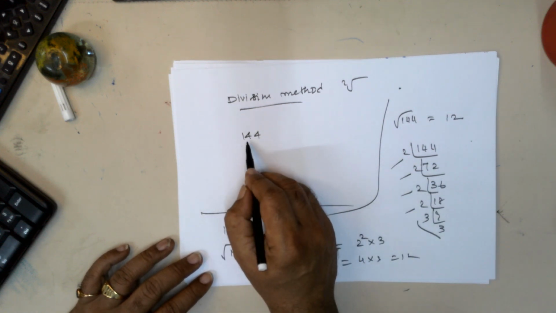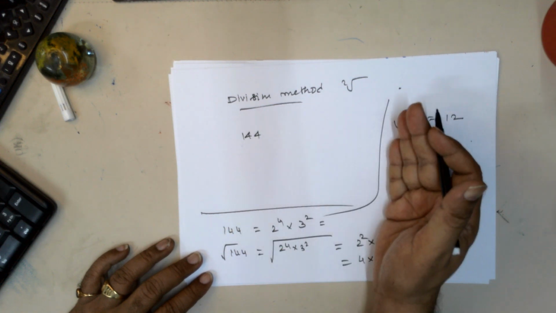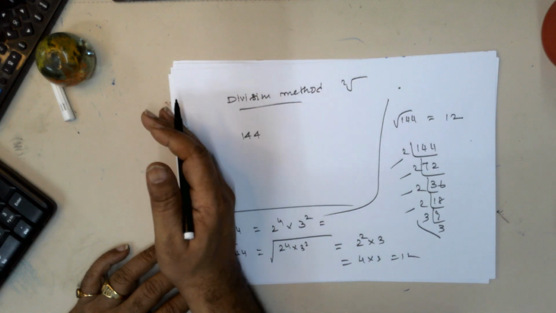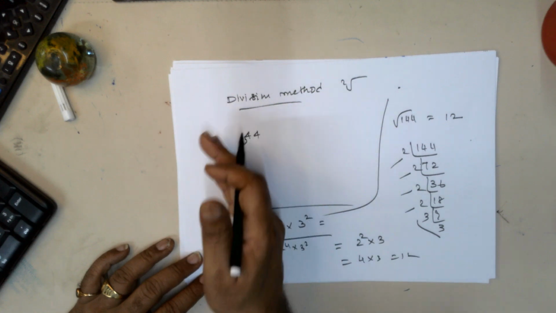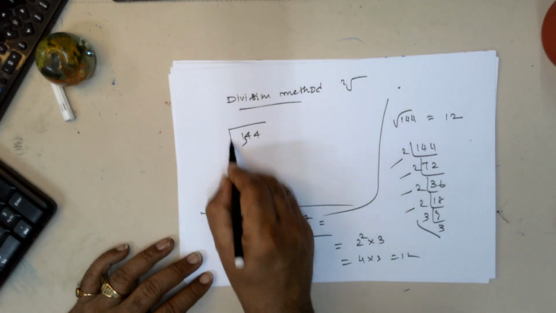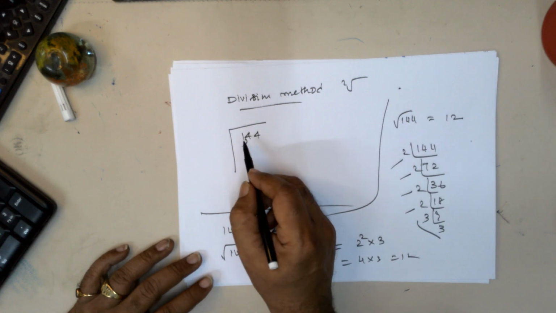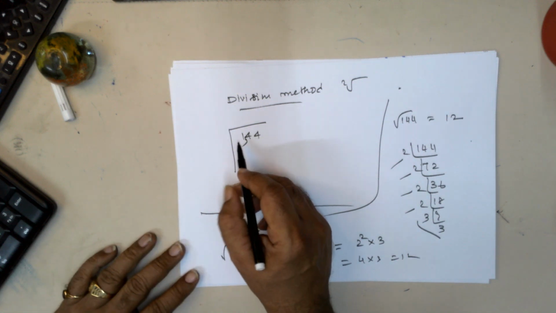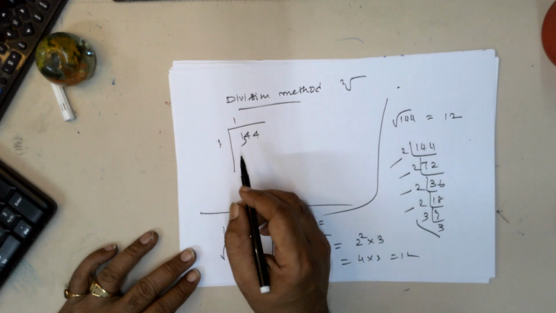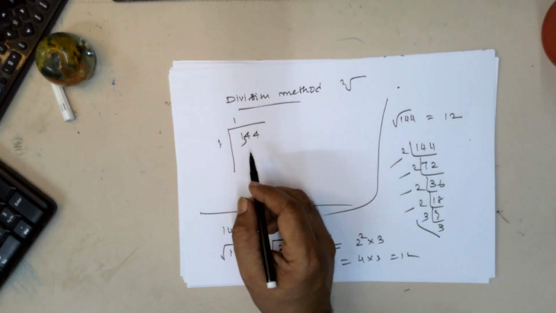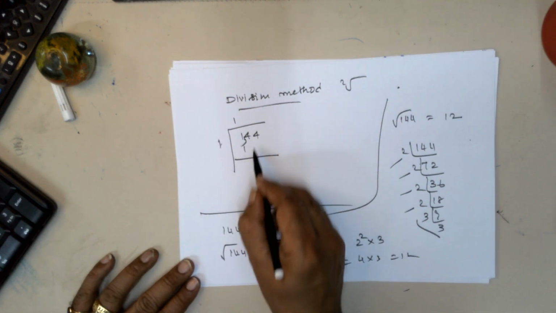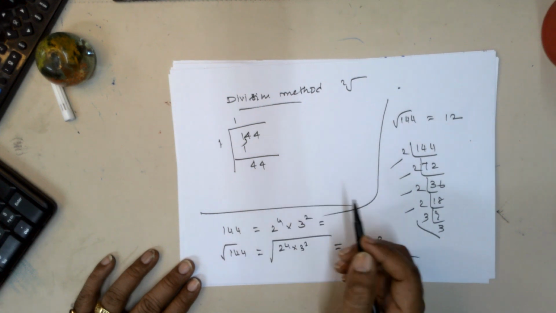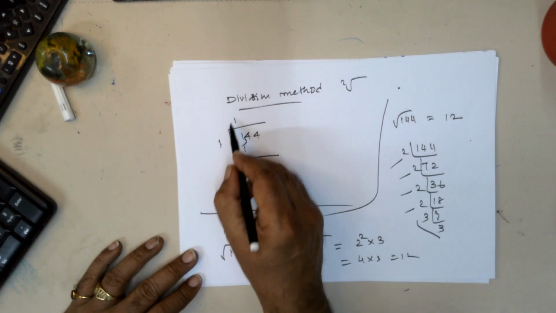Now in the division method, you have to take 2 digits from the right hand side. I have taken 2 digits from the right, so I got only 1 in the first digit. Within that 1, I must find the square value. So 1, and put 1, it is eliminated, and drop this 44, and multiply this by 2.